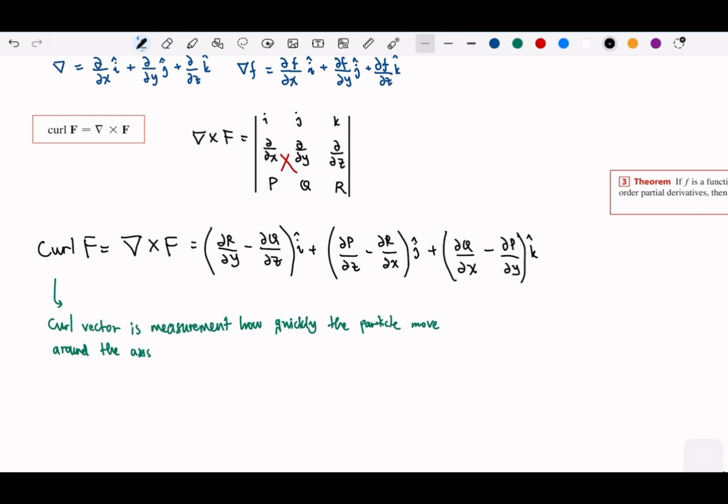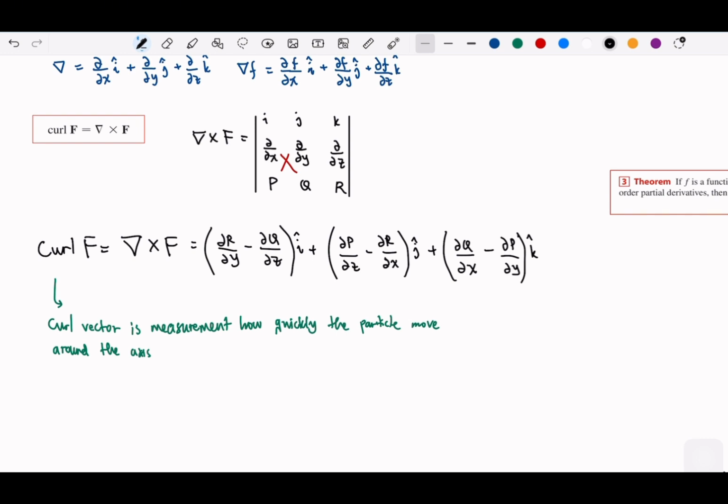So if you are in class before we move to the notes, you notice that in the graph that I showed you in the beginning, there is rotations, right? So if I change the parameter, the rotation becomes fast, becomes slow. So it is the measurement of the curl. Okay? So depending on how the vector field is, we can make the rotations very fast, slow, or even 0 as well.